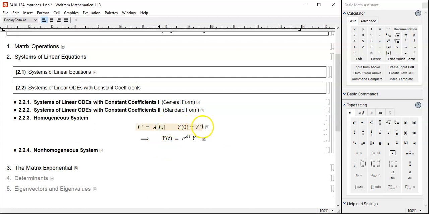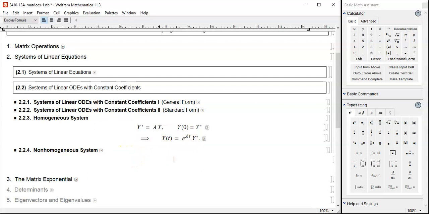And then let's consider an initial condition, y of 0 is y star. Then it is possible to rewrite it into this very strange form. Y of t is equal to e to the At power times y star, which makes a lot of sense if all these had been one-dimensional functions.